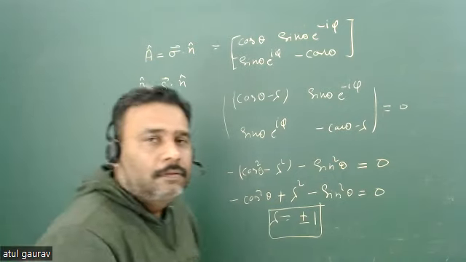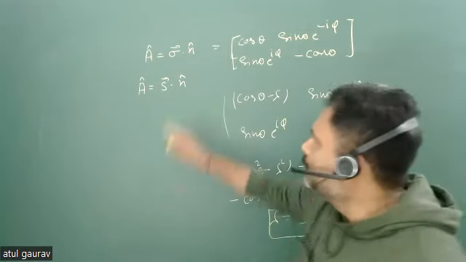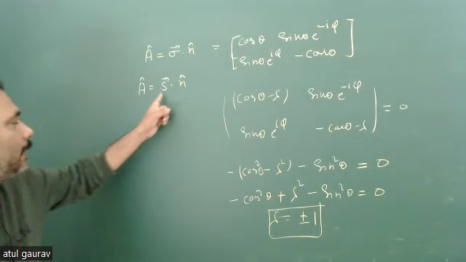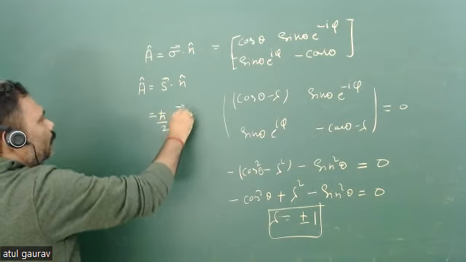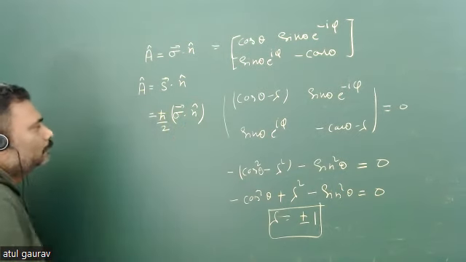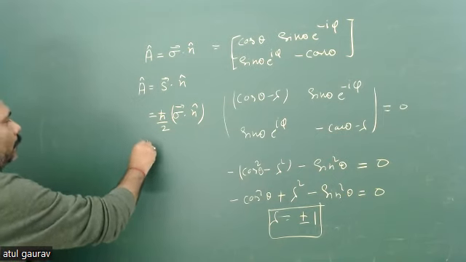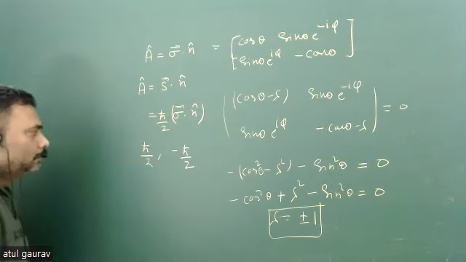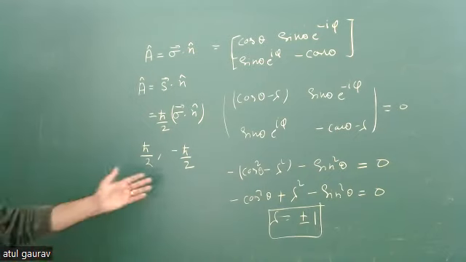Please, what will it be? If its eigenvalue is plus minus 1, then what will its eigenvalue be? What is S vector? S vector is nothing but h cut by 2 sigma dot n cap, isn't it? So what will be the eigenvalue for this particular operator? You have h cut by 2 and minus h cut by 2.